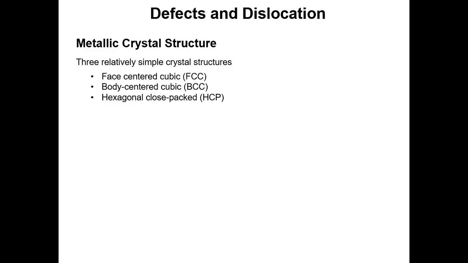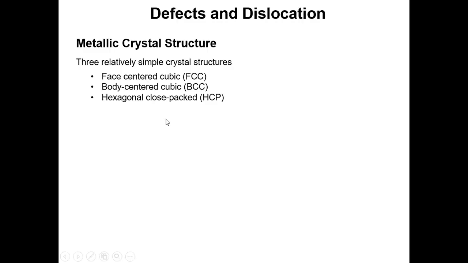So we can identify basically these three types of pattern. The first one is the face-centered cubic structure. We call it FCC, the first letters of this name.